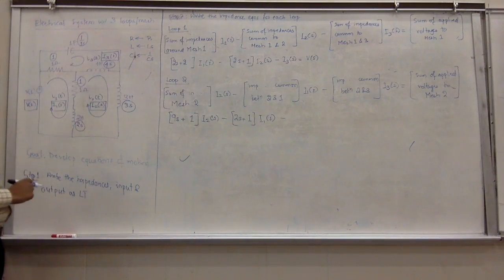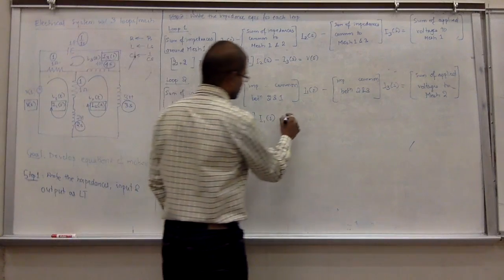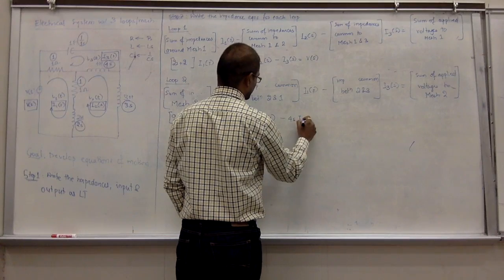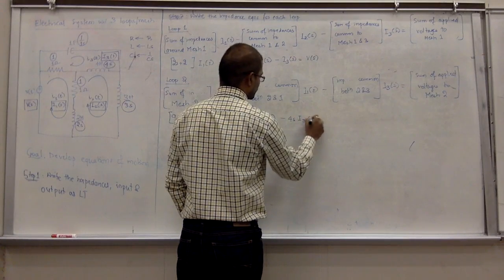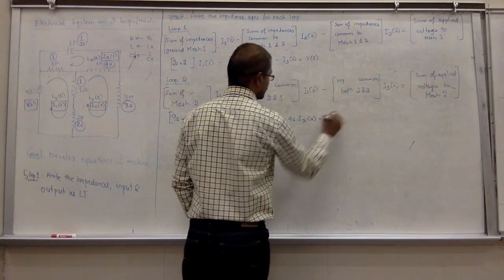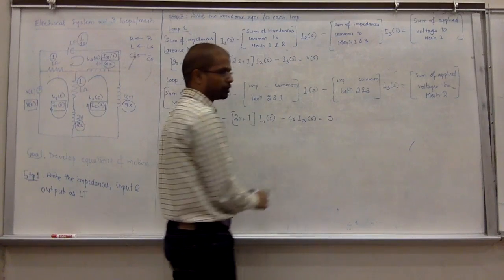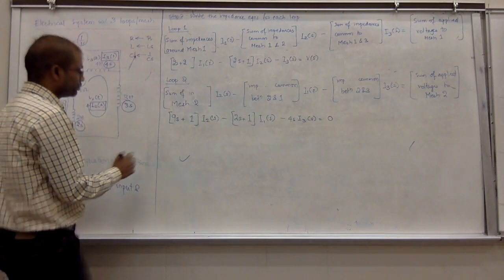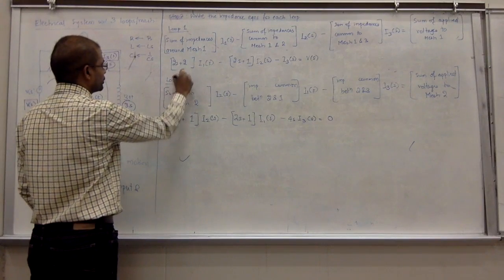Common between 2 and 3, that's the 4s, times I3, equal to 0. This is right. This is 0. There are no applied voltages to the loop, or mesh, it's the same thing.